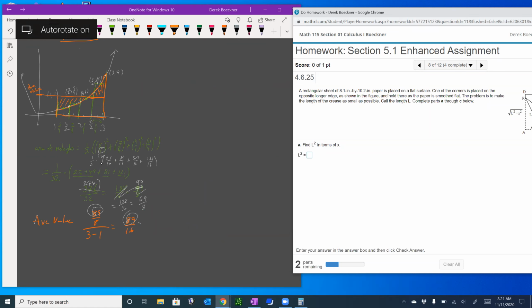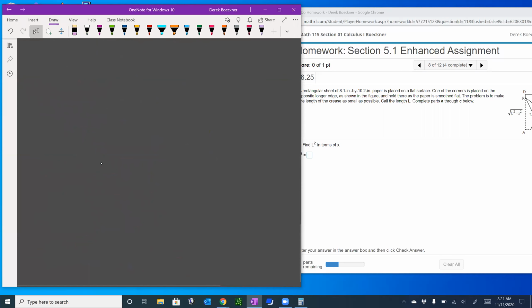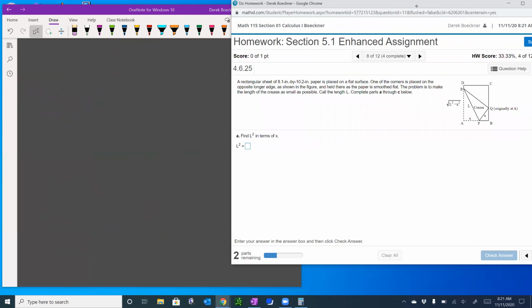So let's try this one with the picture. So we've got a rectangle sheet with weird dimensions, but okay. The paper is placed on a flat surface.